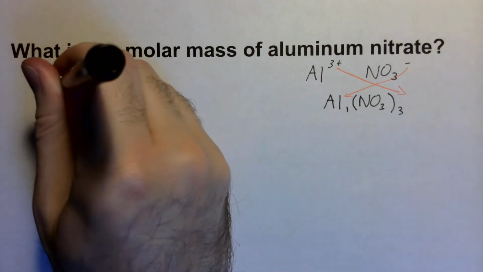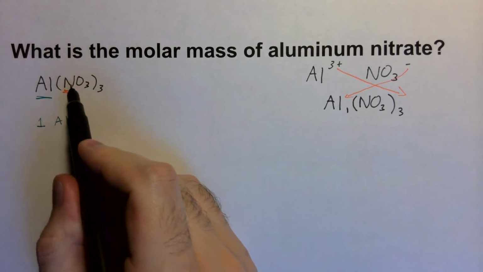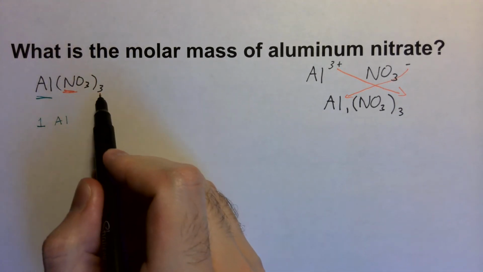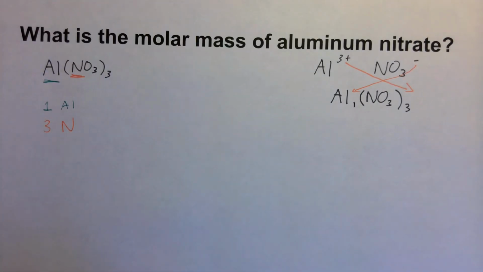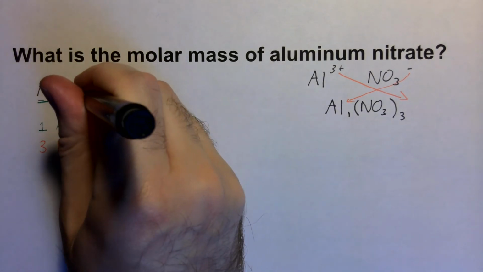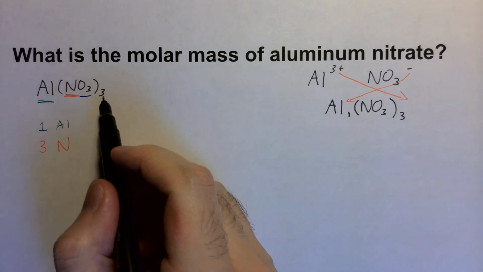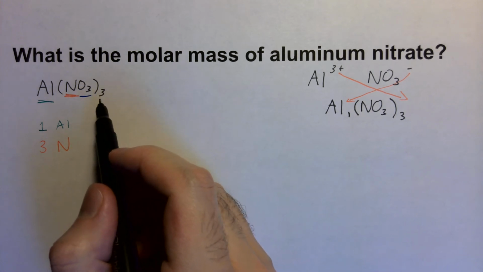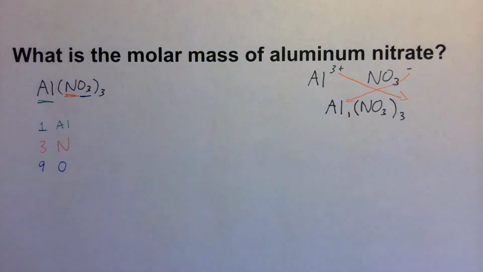And then for nitrogen, there's 1 nitrogen in a nitrate, but there are 3 nitrates, and that tells us that there are 3 nitrogen atoms. And then for oxygen, there's 3 oxygens in a nitrate, but there are 3 nitrates in this compound, so that means there are 9 oxygens.